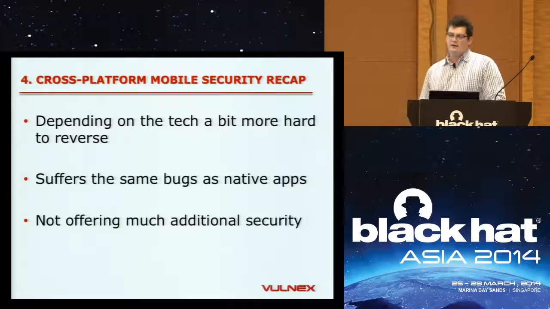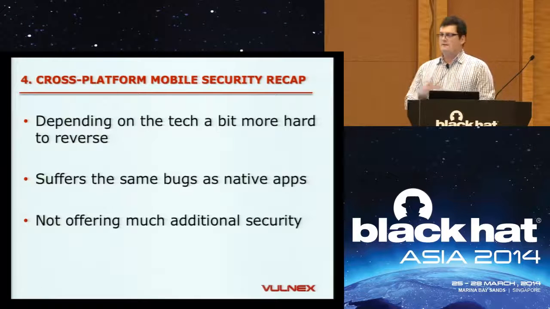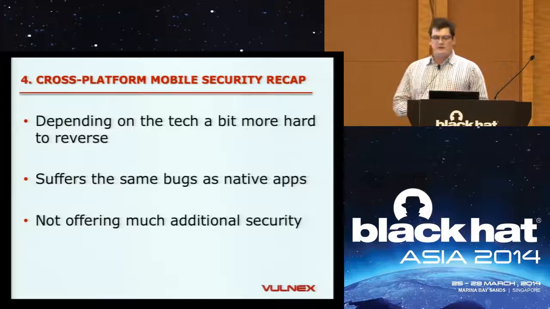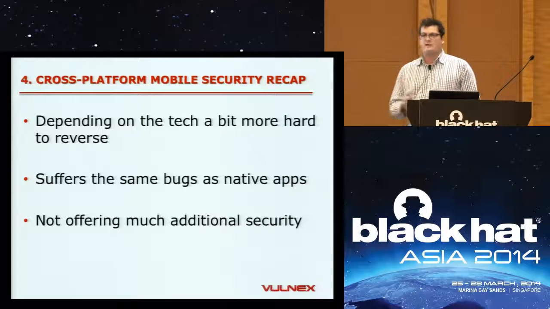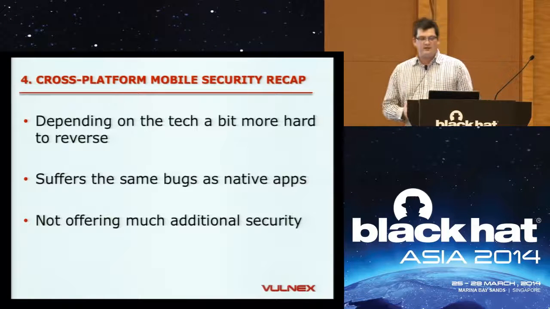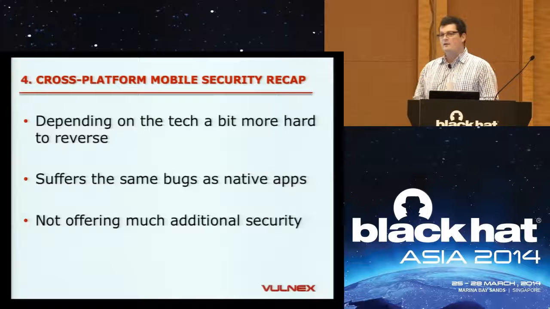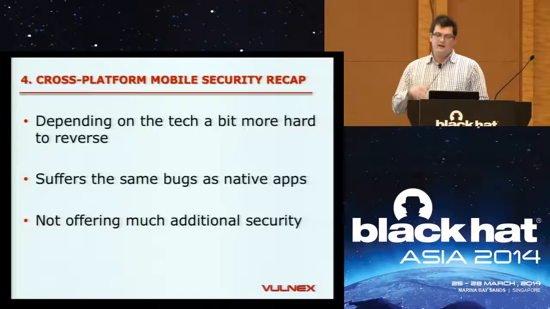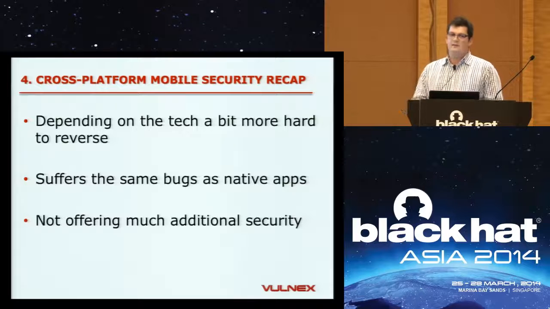So, to recap, for the cross-platform technologies, depending on the technology, it's a bit harder to reverse. We have seen several examples. Ruby and Lua are mostly a bit hard right now because we have not found any really good tools to decompile Ruby bytecode or Lua code.